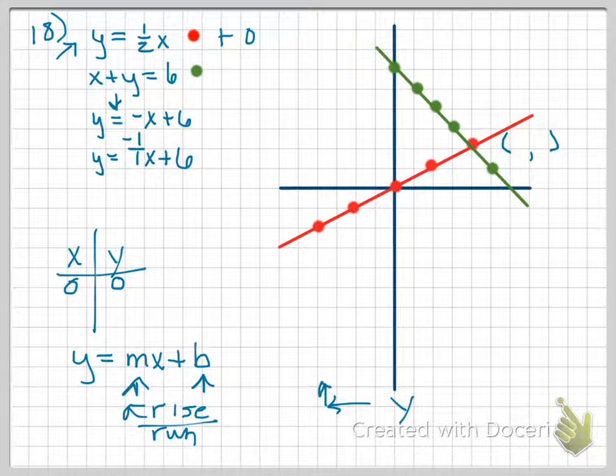Now, we already know that all we have to do, though, is rise and run. So in this, we start at 0, and we're going to rise 1. Okay, we're going to start at 0 and go up 1, and then we're going to go over 2.